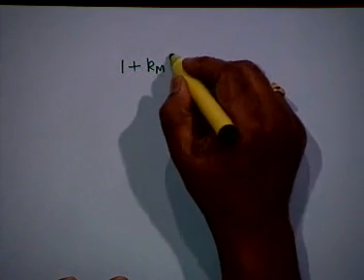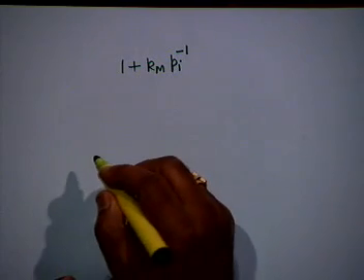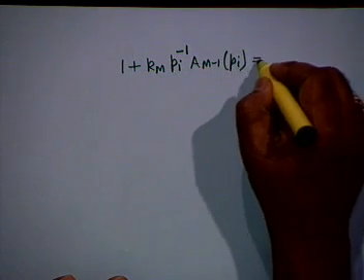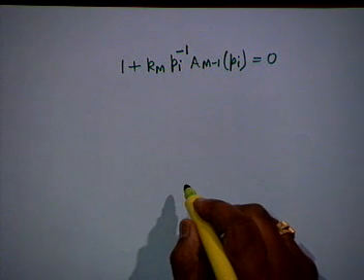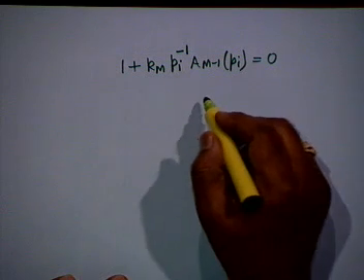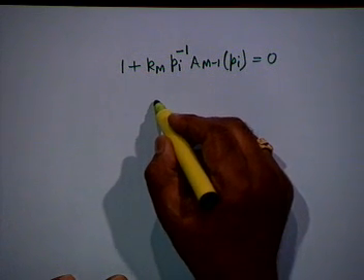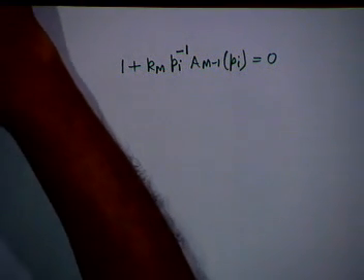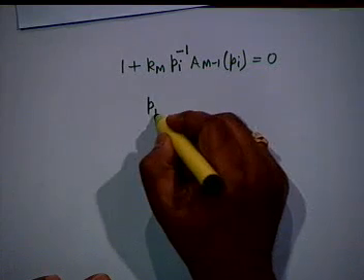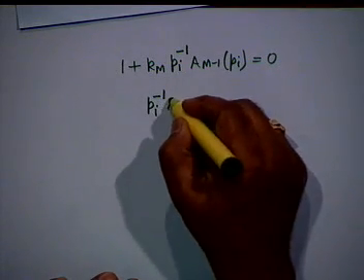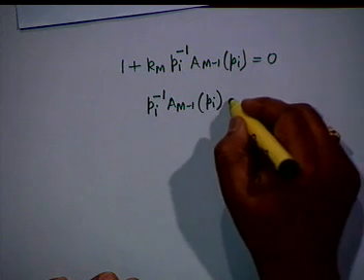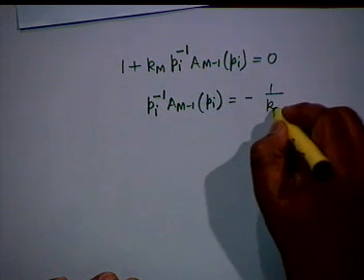Then if P sub I is a pole of AMZ, now look at the beauty of the proof. Therefore, 1 plus Km P sub I inverse Am minus 1 P sub I should be equal to 0, right? Therefore, Pi inverse Am minus 1 Pi should be equal to minus 1 over Km.